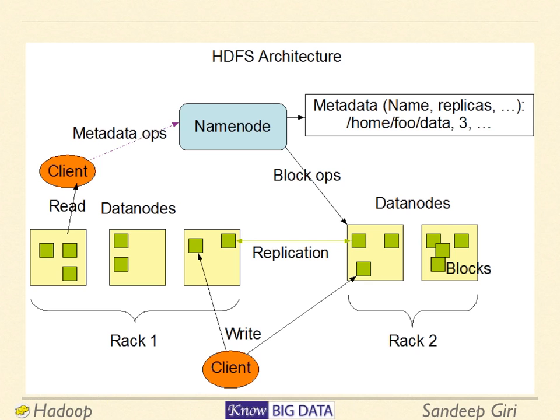When the client is writing to the name node, while making the change to the metadata, it also writes to the disk, marking that this client has written this.